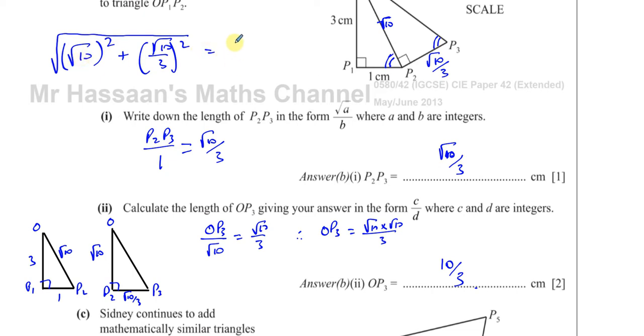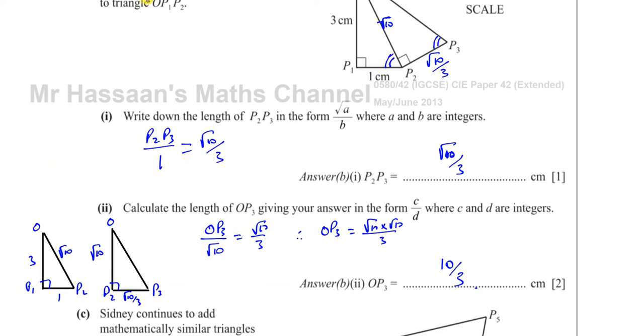So that's going to give me 10 plus 10 over 9, which is 90 over 9 plus 10 over 9, which is 100 over 9. And all of that has to be square rooted, which is going to give me 10 over 3. Exactly the same answer. So that's just a check to make sure that we were correct in our method here.